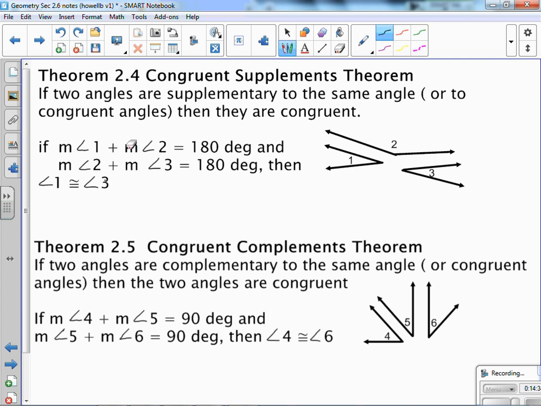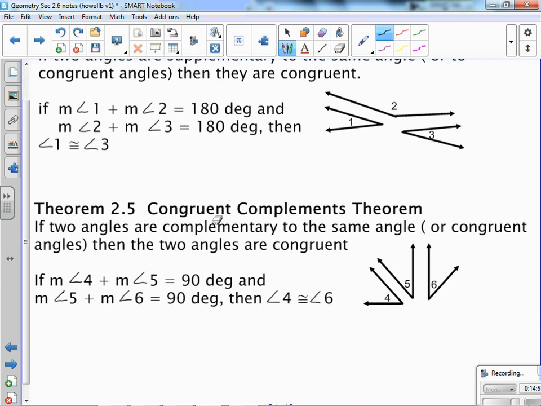Right? Because if 2 was 60, then it would take 120 added to 60 to make 180 here. It'd also take 120 added to 60 to equal 180 here. So the same angle or congruent angles being supplementary with two angles means that those two angles are congruent to each other.